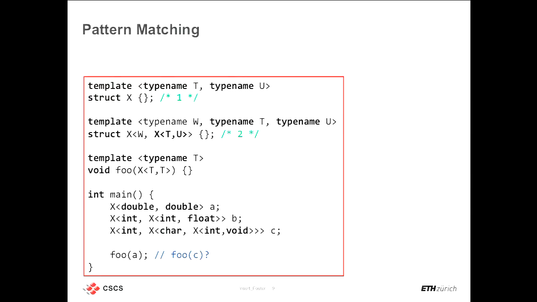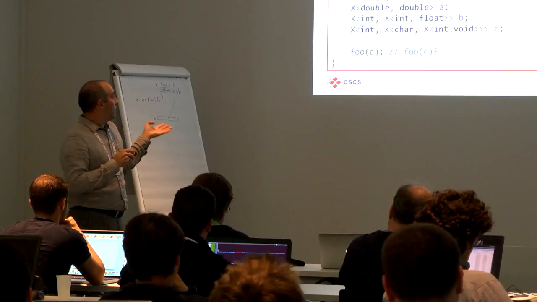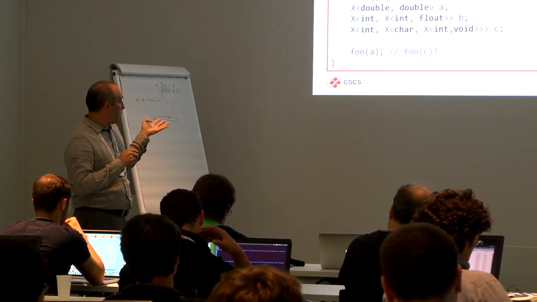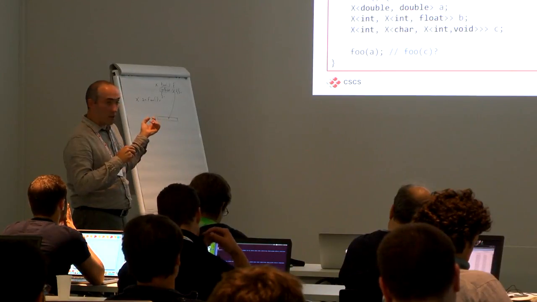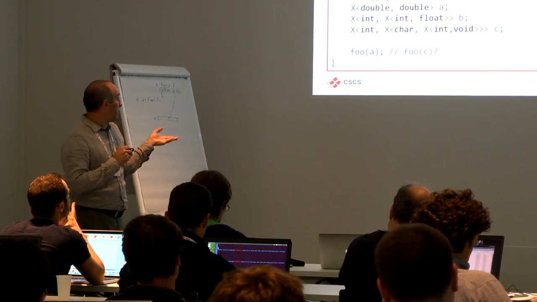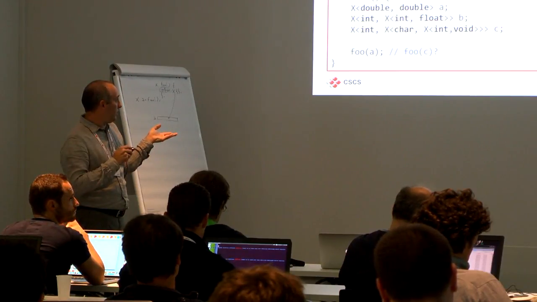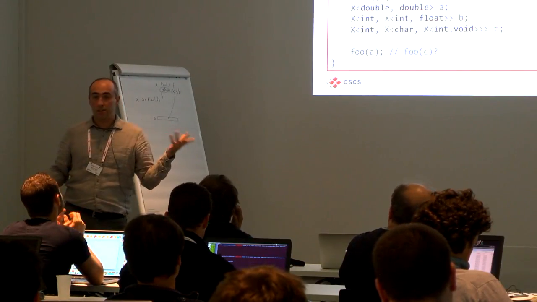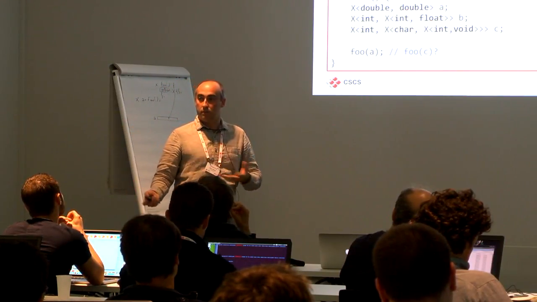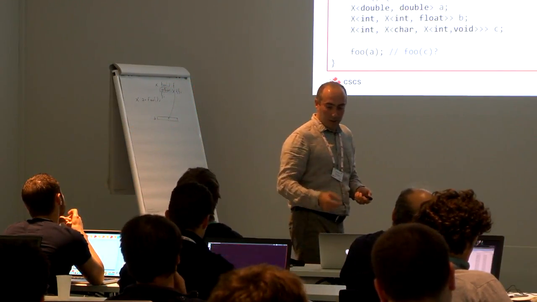It takes the type of A, which is X double double. Okay, this is X, fine. And T is double and it has to be double. If I try to call foo of C, in which the first argument is int and the other is X, it will give you an error that says, well, I cannot really deduce the second argument here. It's not the same as the first one. Type T is wrong here. I cannot cast to it.